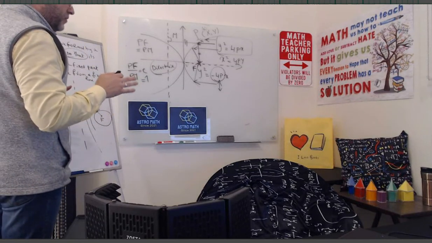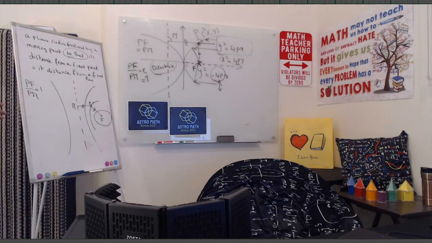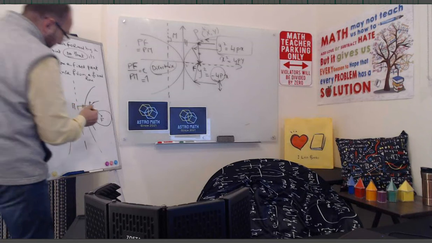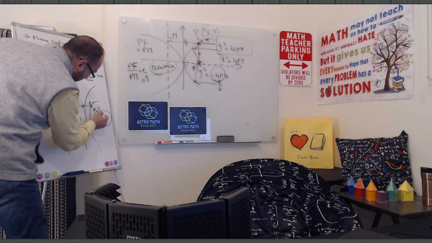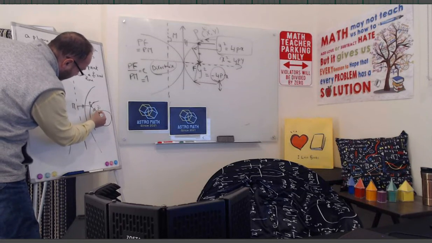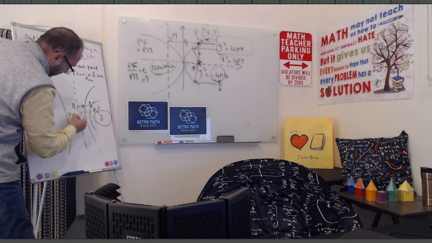And what does the 1 mean? If you study fractions, if you go back to elementary school, everything under 1 is going to be a proper fraction. So when we have an ellipse, look, when the P is here, PF compared to PM, this is the new PM, PF is smaller than PM.